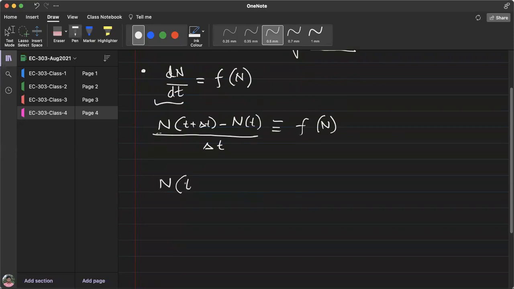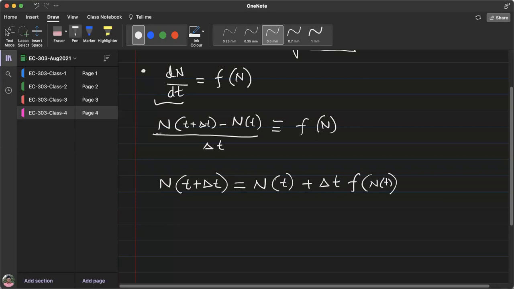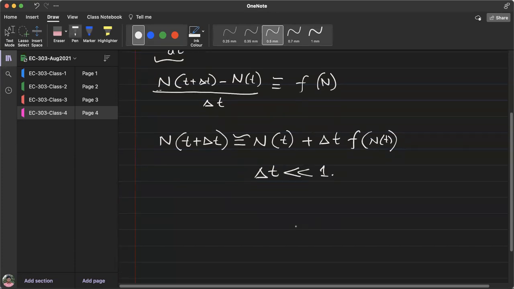And therefore we can calculate what will be the population size at a future time step, given, again this is an approximation, the current population density by iteratively applying this simple numerical rule.